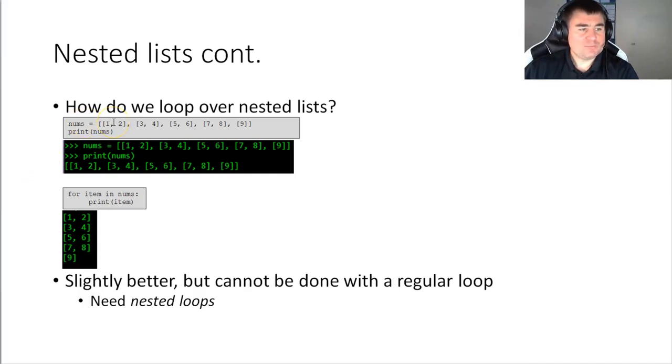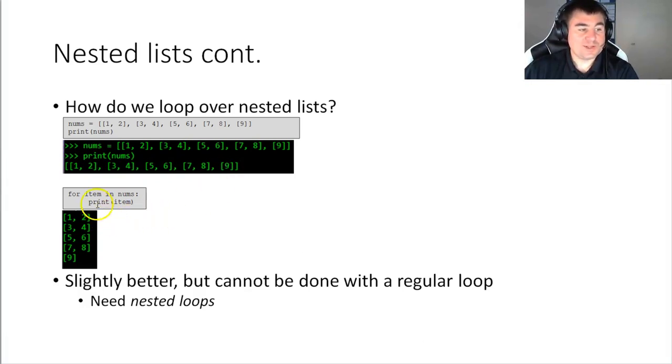So how would we print out every single sub whatever item of this list? So how many times do we have to go into a sub list? If we simply try to print nums, we see that it is printing a list of lists, right? So the overall list nums contains 5 other lists, 5 other items that are all lists.